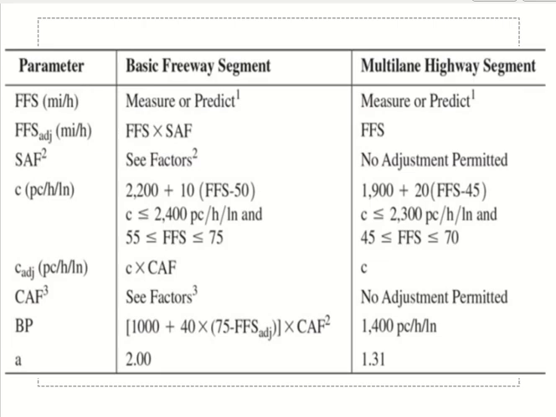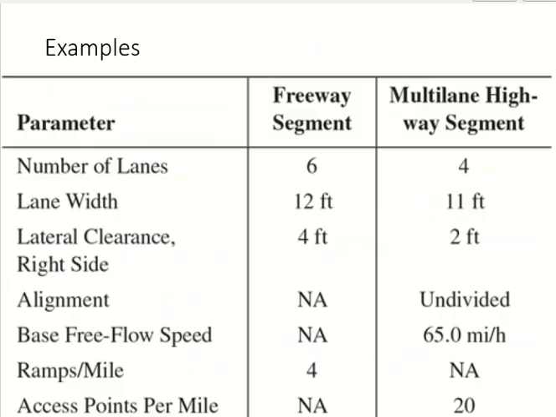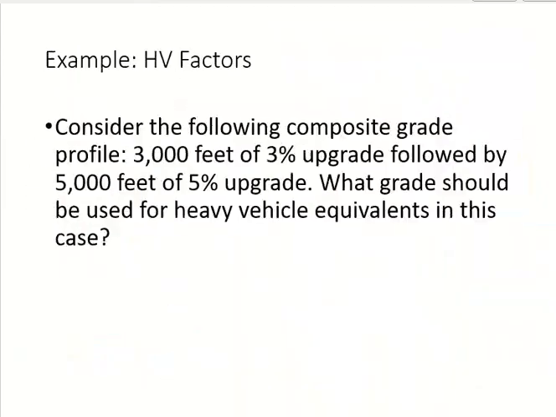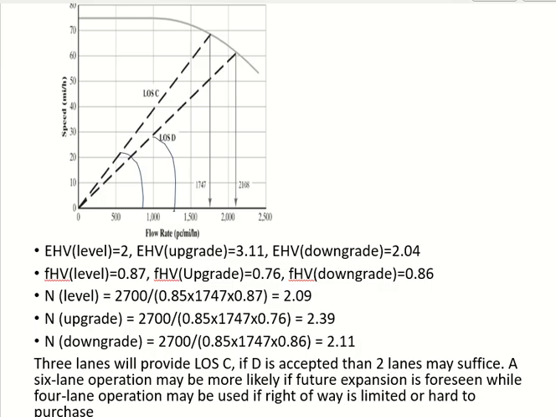Let me now go to the graph. It's already there in the slides. The rest of the things I will explain from there. The first point on this graph is free flow speed. The first y value is 73.6.